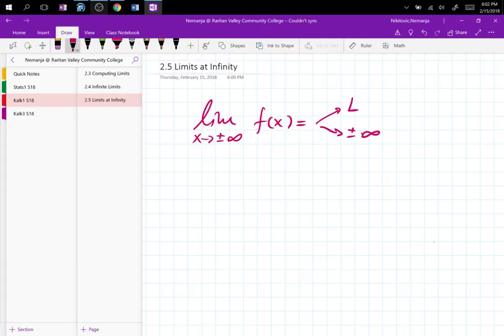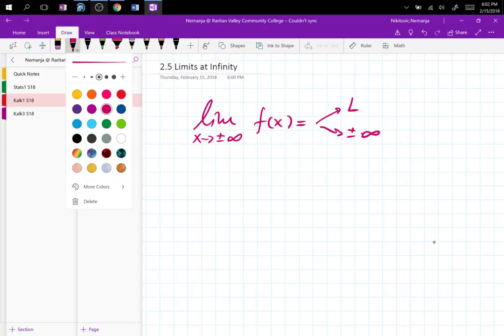Now, both of the concepts covered in this section, as applications of this, are concepts that you learned in your pre-calculus course.